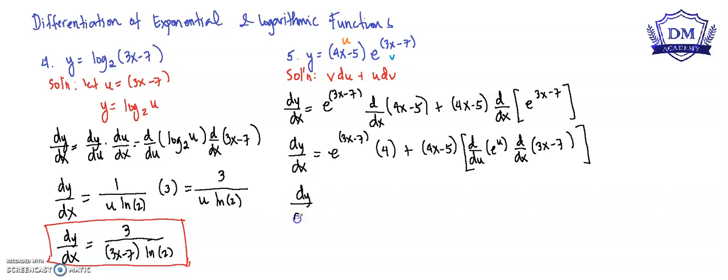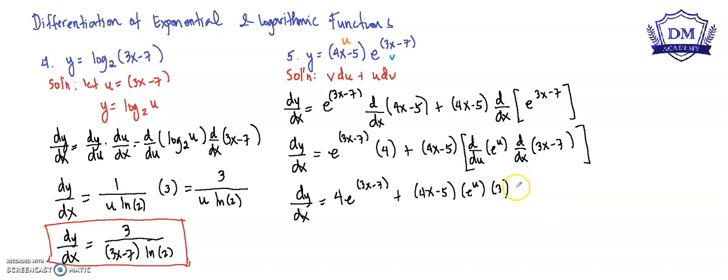Okay, dy over dx is equal to e raised to 3x minus 7, multiplied by 4, that is 4e raised to 3x minus 7, plus we have 4x minus 5. The derivative of e raised to u is still e raised to u, and the derivative of 3x minus 7 is 3.